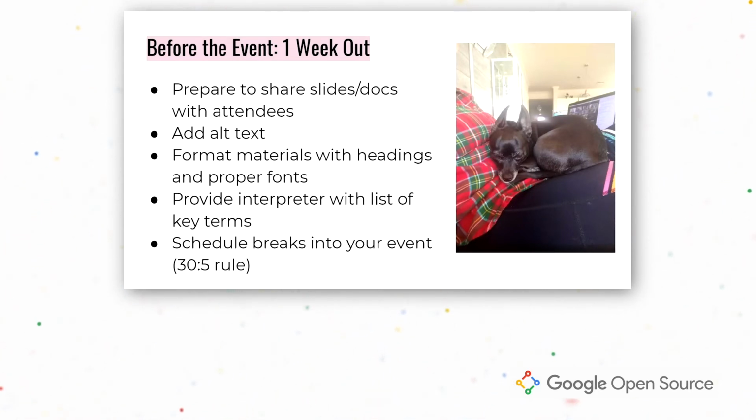Another thing that you should do is provide the interpreter with a list of key terms. I know with all of our tech meetings and our industry specific terms, there's a lot of jargon in there that sometimes we don't even think about. You want to make sure that any of those acronyms, proper nouns, names, any really technical language, you are giving the interpreter a heads up of the kind of language that you're going to be using.